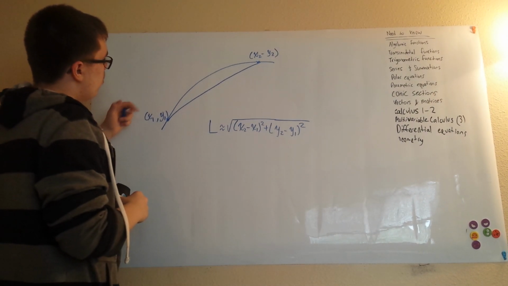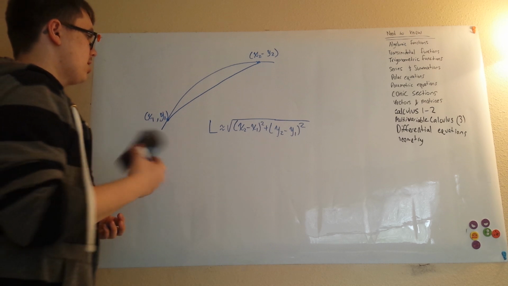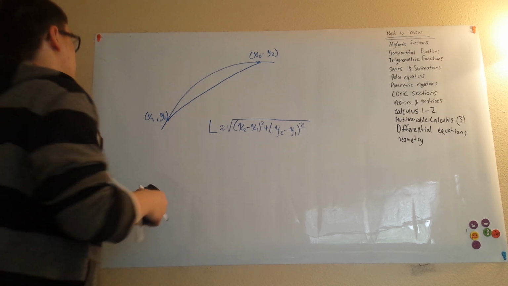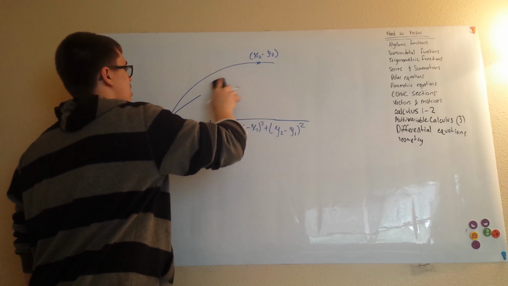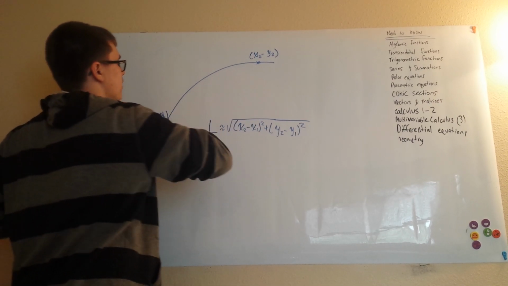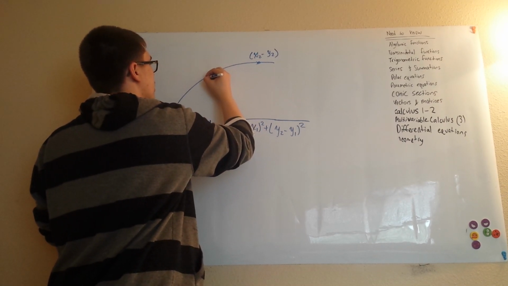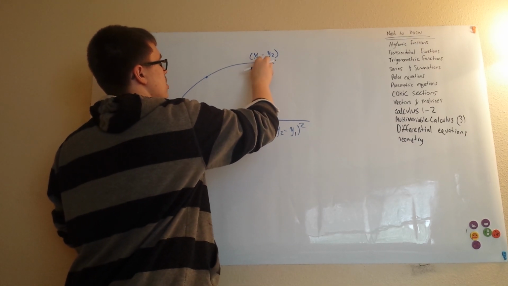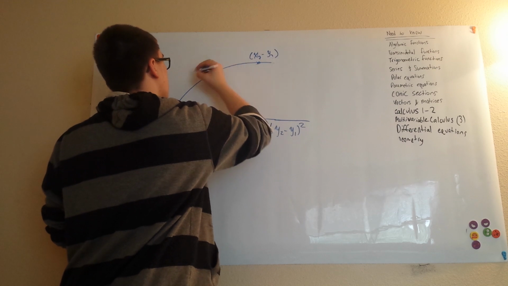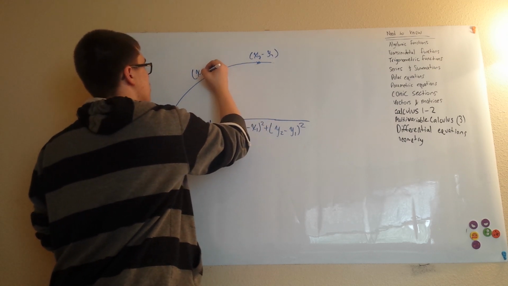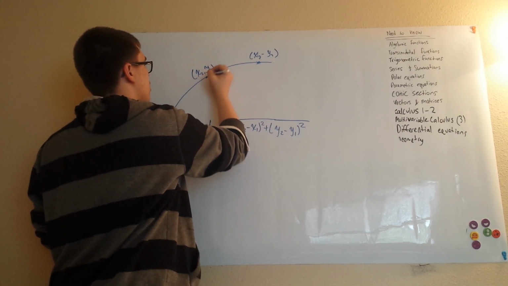Well, what if we can make a better approximation? What if I added a third point, one in the middle? I'm going to change this to 3. And this is x sub 2 comma y sub 2.